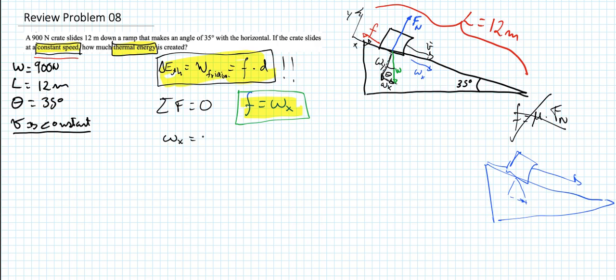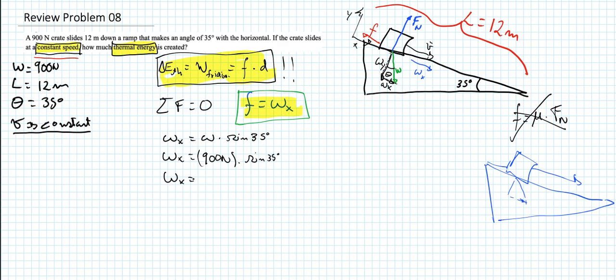So it's going to be the weight times the sine of 35 degrees. So my weight in x will be, what is the weight? 900 newtons times the sine of 35 degrees.